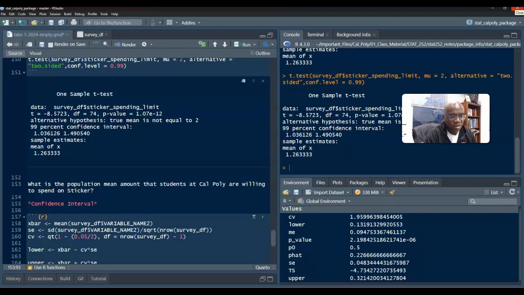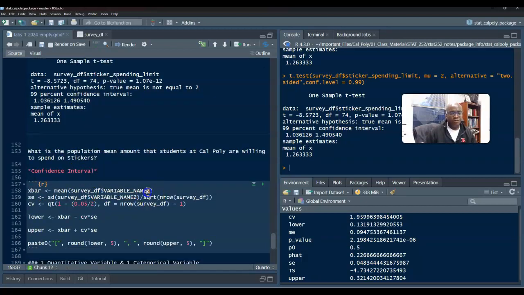Stickers, okay. So what does the population mean amount that students at Cal Poly are willing to spend on stickers? Sticker spending limit, just change what the variable is, and then that should work. Here I'm finding the mean, the standard error, and the critical value. This qt is the function to find the actual critical value. This is the degrees of freedom.